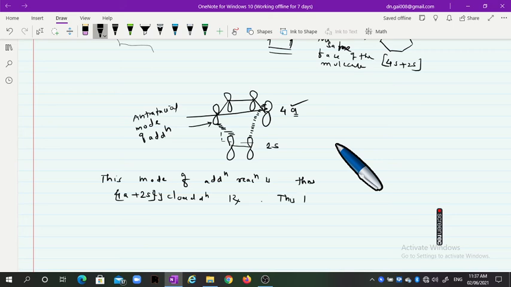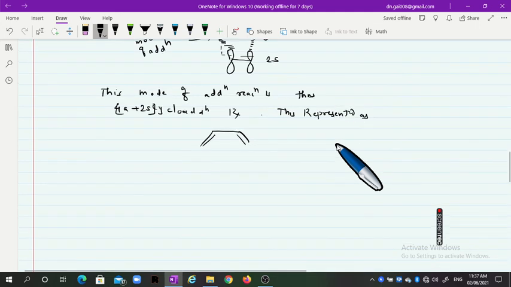This can be represented as follows: first we draw the butadiene, first from the bottom orbital and second from the upper orbital, and in the ethylene from the upper orbital and the upper orbital. In this way we can represent it as a 4a plus 2s cycloaddition reaction.